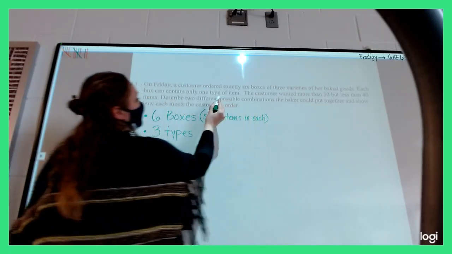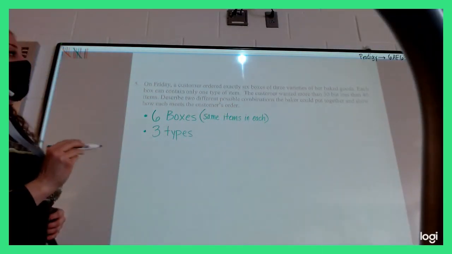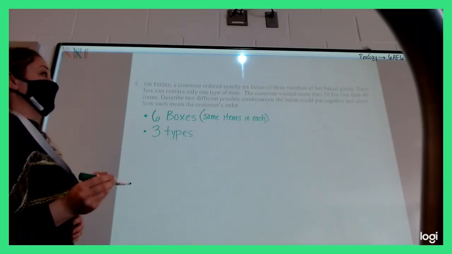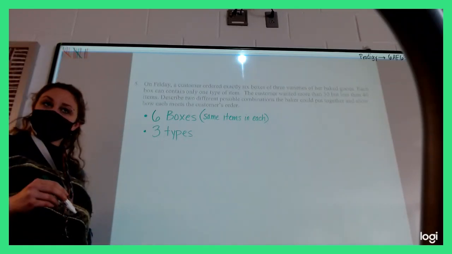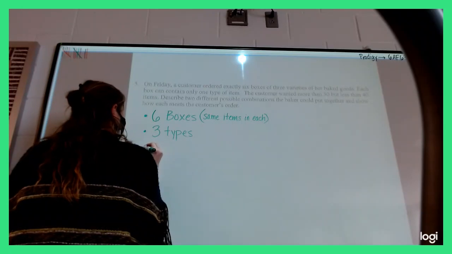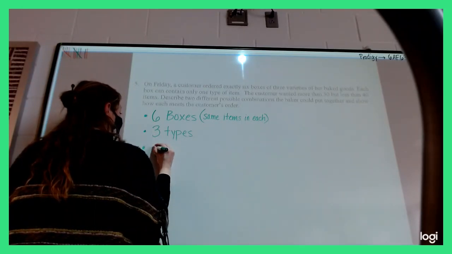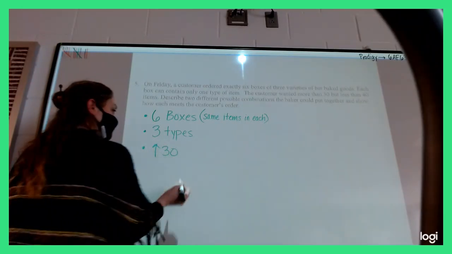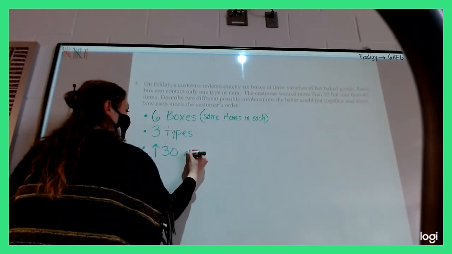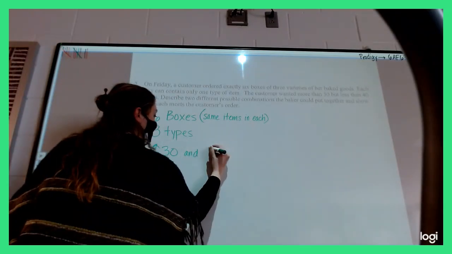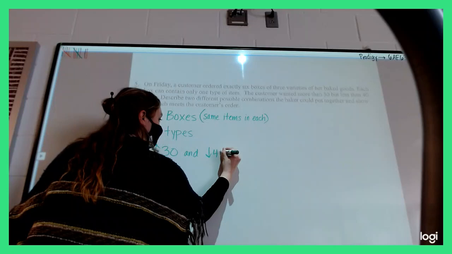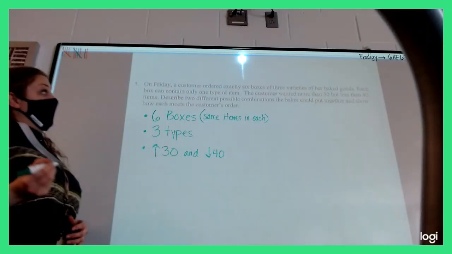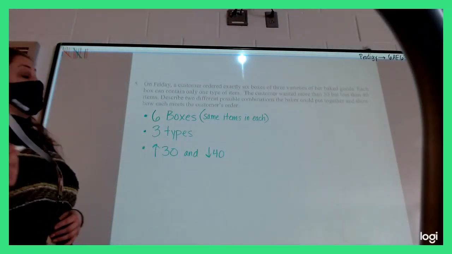All right. The customer wanted more than 30, but less than 40 items. Okay? So it has to be bigger than 30, right? That's my symbol for that. And less than 40. Now those are all the rules.